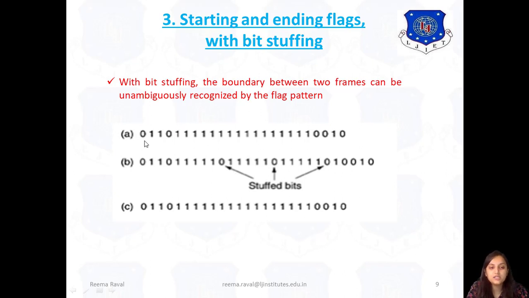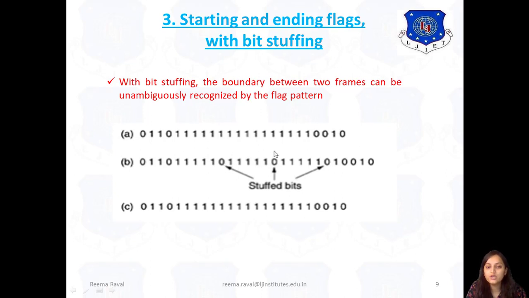So let's say for example this is the data: 0, 1, 1, 0, 1, 1, 1, 1, 1, 1, 1, 1, 1, 1, 1, 1, 1, 1, 1, 1, 0, 0, 1, 0. Now before sending the data, the sender will stuff a 0 after five consecutive ones, that means 1, 2, 3, 4, 5. Here it will stuff a 0.